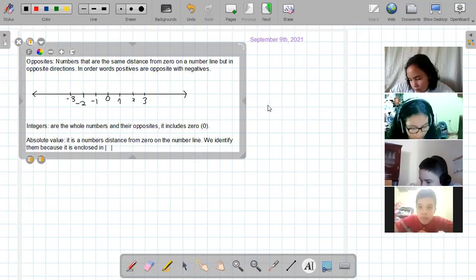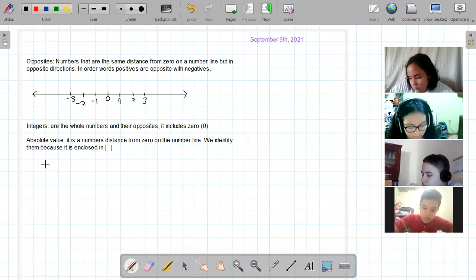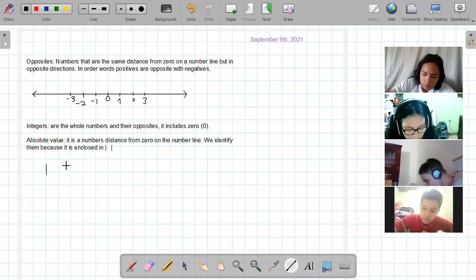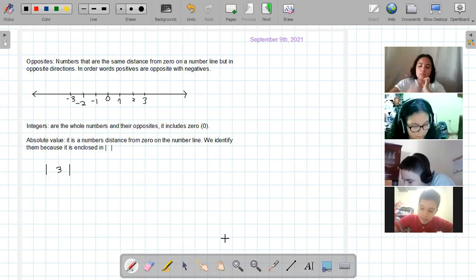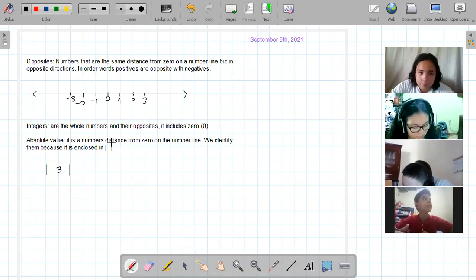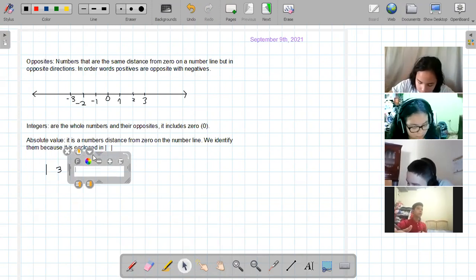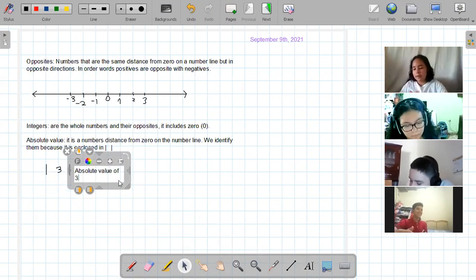So, for example, if I say absolute value of 3, and that's how you say it, absolute value of 3, okay? And that's how you represent it. This is the absolute value of 3. You can also have the absolute value of a negative number.